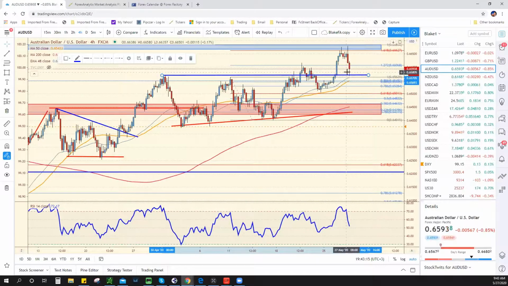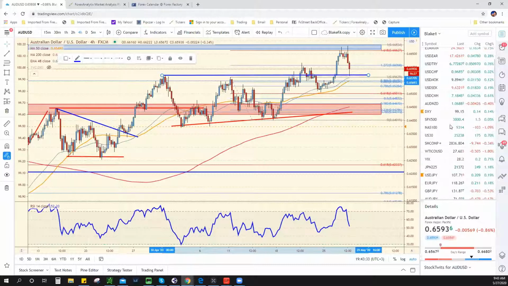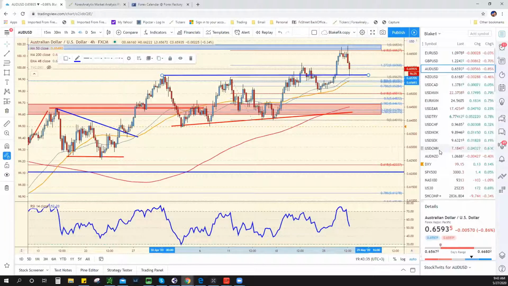But the failure above that 66.50, close to 67 cents, is a big deal. And even though I'm not super comfortable about buying dollars, the way I'm expressing my Aussie bearishness is buying the Euro Aussie, right? Euro New Zealand's a very similar situation, but I think the Euro New Zealand is not going to perform as well as the Euro Aussie.